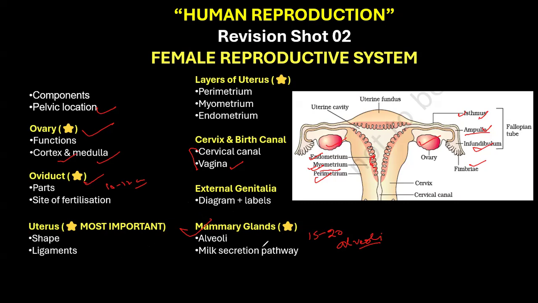Many times what has been asked here is the milk secretion pathway. Let me give you the pathway. It starts from the alveoli, then goes to the mammary tubules, then to the mammary ducts, then the mammary ampulla, and then to the lactiferous ducts.